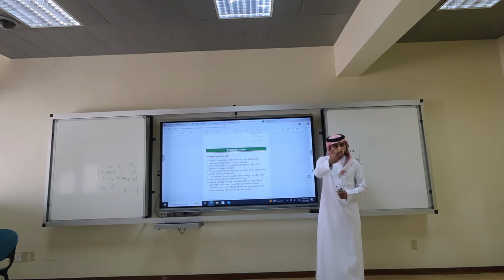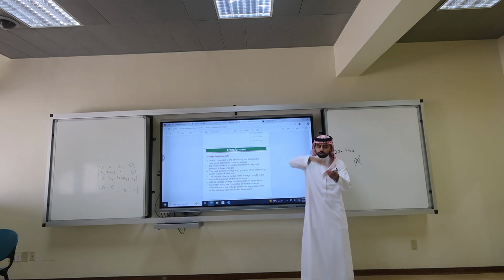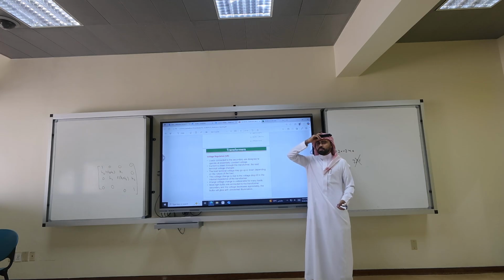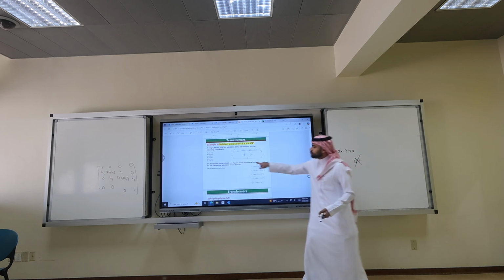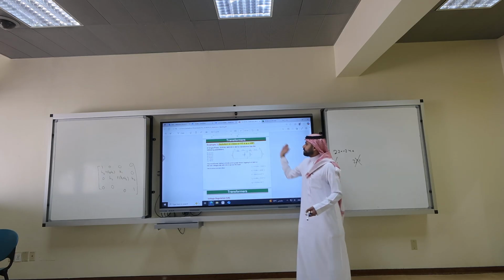The secondary, because the primary voltage is the job of Saudi Electricity Company to control. Maybe they increase it, maybe they decrease it. And we saw in the previous example, what was VP? 478 to serve a load of 220 after reflection 440.